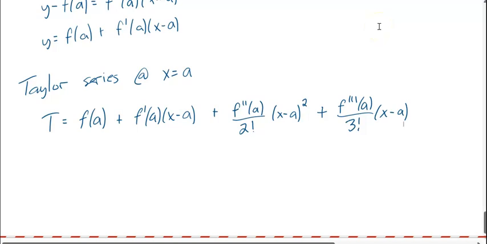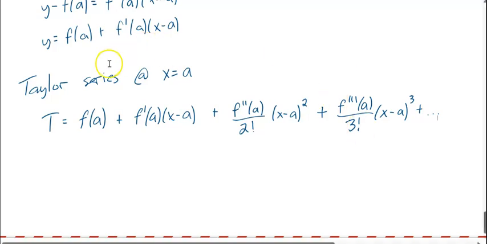What are we going to get? We're going to get a cubed. Plus dot, dot, dot. We can go out as far as we want and include as many terms as we want. We can go out to infinity, and that's where the whole summation thing comes from, but I don't want to use too much time to talk about that right now.